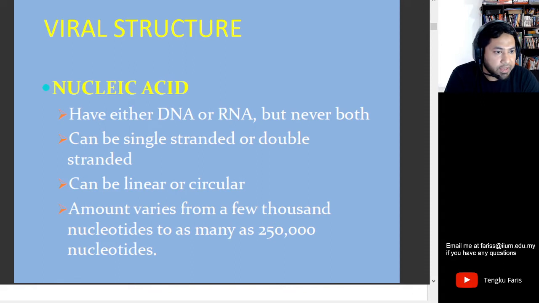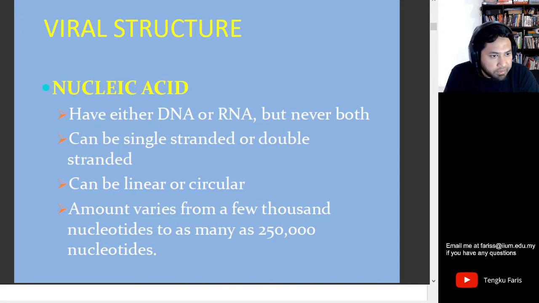So the nucleic acid, of course you know about this. It can be in the form of deoxyribonucleic acid or ribonucleic acid. The deoxyribonucleic acid, or DNA, is double-stranded. The RNA, on the other hand, is only single-stranded.